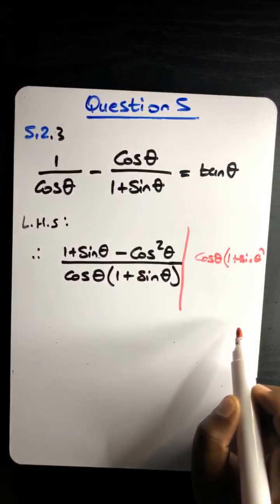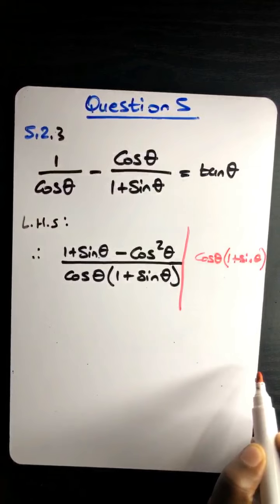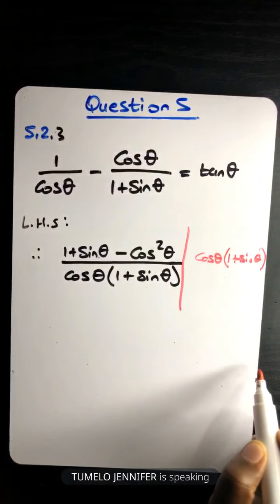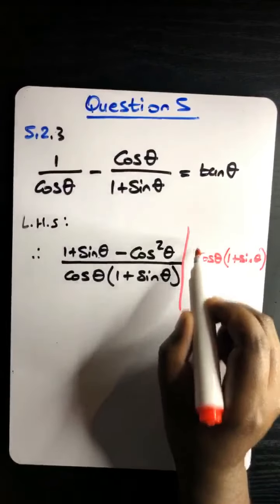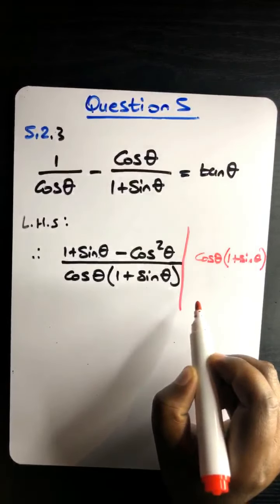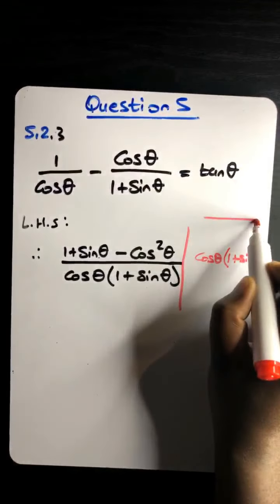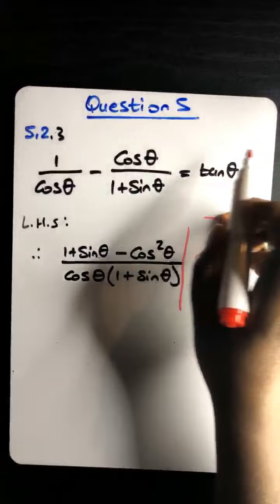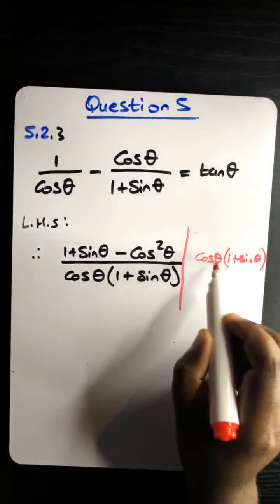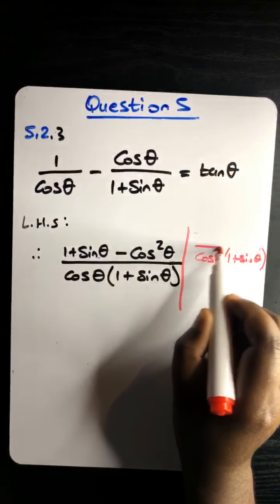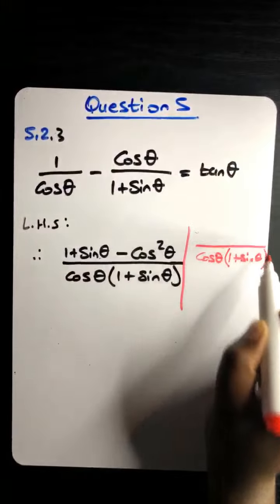Draw a line, all over, at the top. Go further. Draw a line. Yes. Go further. Over. Oh, all over. Okay, no, I see.